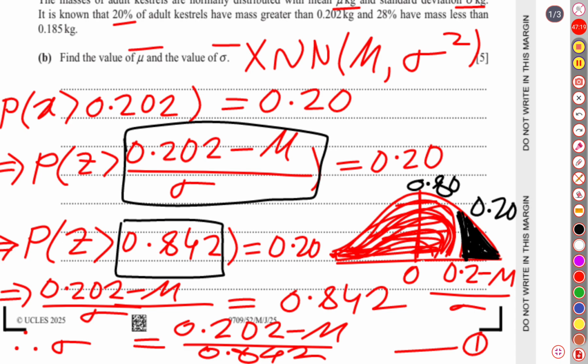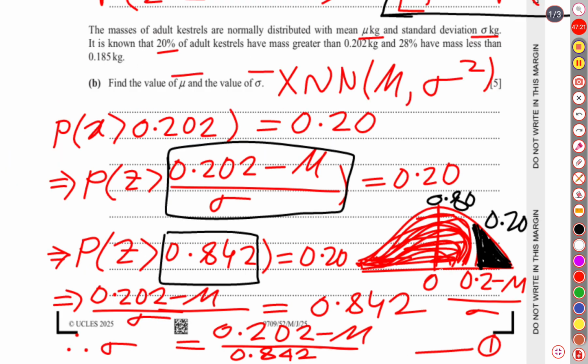Okay, one more equation will be formed. Now let's concentrate on the second part. In the second part, it has been written that 28% of the birds have wings with mass less than 0.185 kg. So let us analyze this.